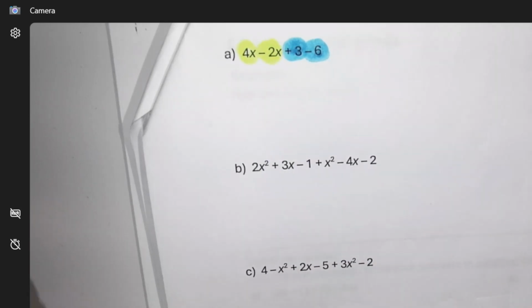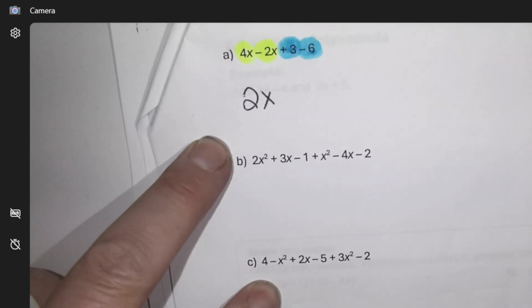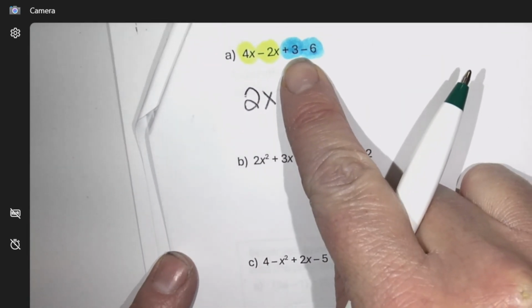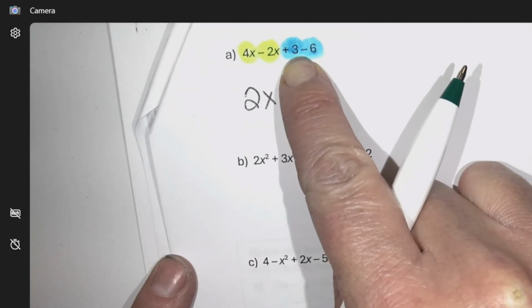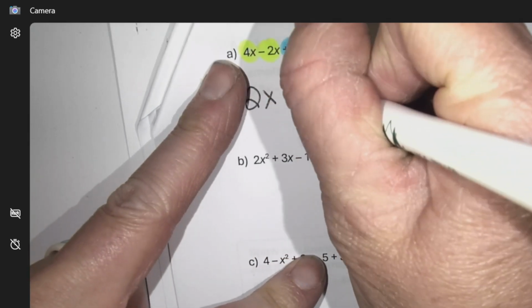So everything that I've highlighted yellow, what does it make when you put 4 x's and you take away 2 x's? What do you get? 2x. You had a 3 and then you subtracted 6. Negative 3.